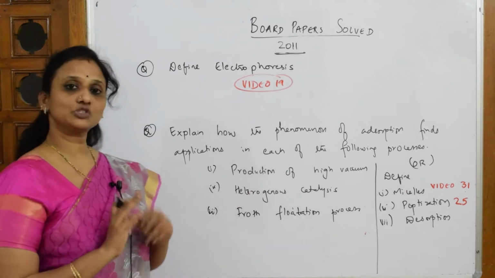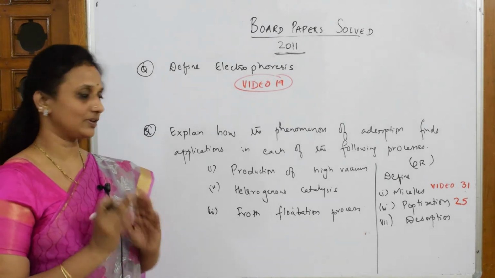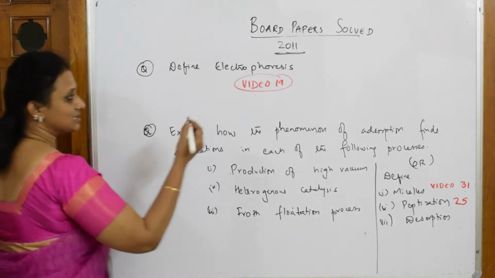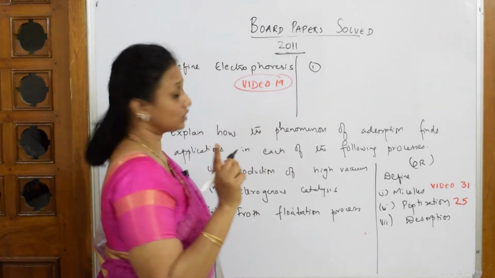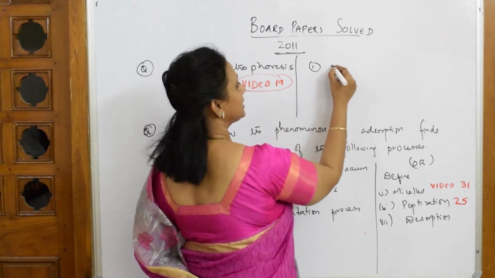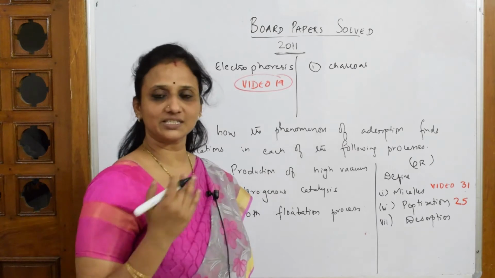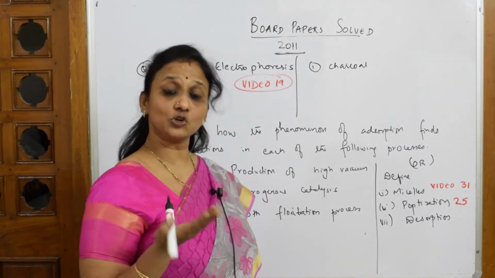So basically, when I have to speak about high vacuum, I have to relate the adsorption concept with vacuum. See how I am going to write the production of high vacuum. When I take charcoal, charcoal has a lot of pores on its surface. So charcoal tries to adsorb the air.